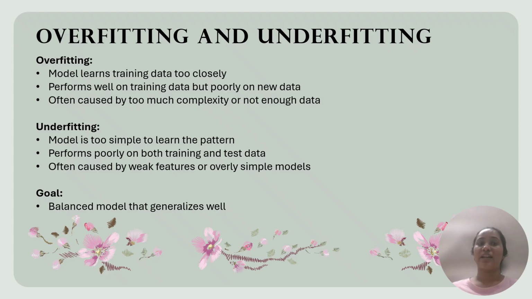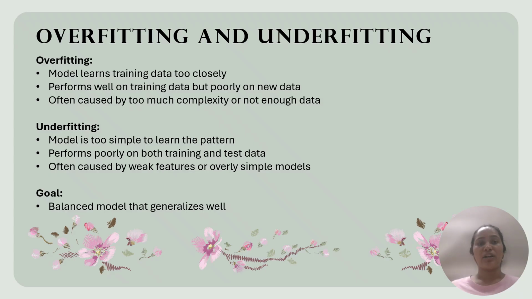Using the student analogy again, underfitting is like a student who barely studies before the exam. Since they haven't learned the material properly, they struggle on both practice exams and the final exam. The ultimate goal is to find a balance between these two extremes.